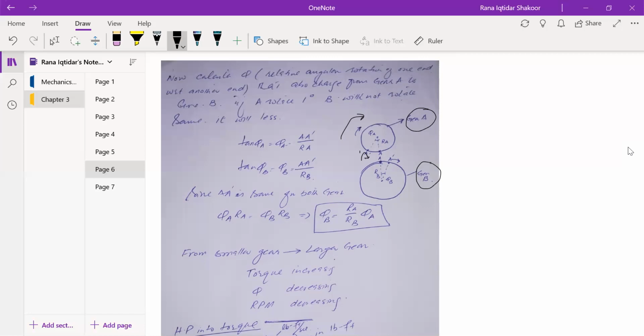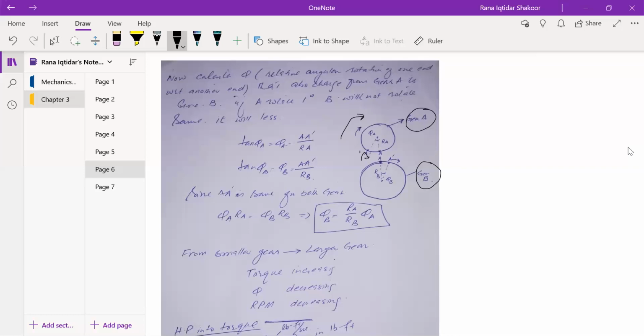Now since phi is very small, tan of phi A will be equal to phi A, and tan of phi B will be equal to phi B. And what will be the value? Since this is very small, we can assume this arc A dash is a straight line, so we can write A dash over RA for gear A, and A dash over RB for gear B. Since the arc length A dash is the same for both gear A and gear B, we can write phi A RA equals phi B RB.